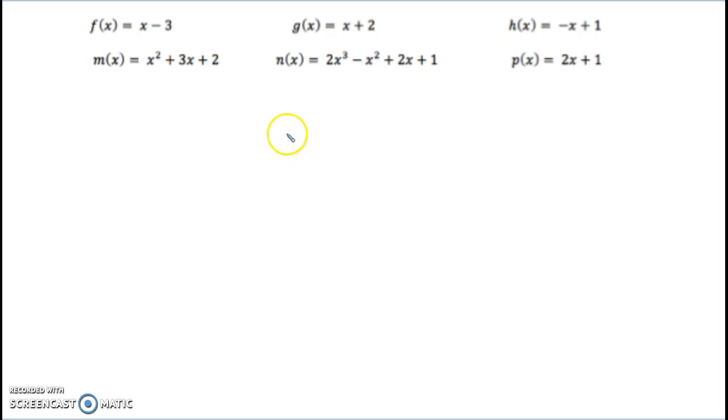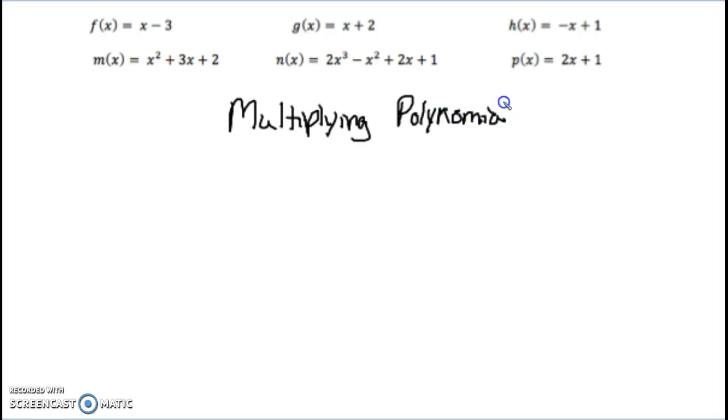The reason why I want to show multiplying, when we multiply polynomials, if we have f of x times g of x, I really want to talk about how we can use what?